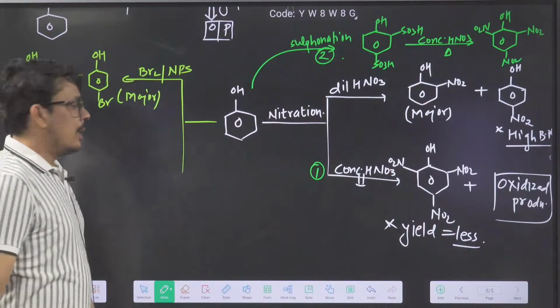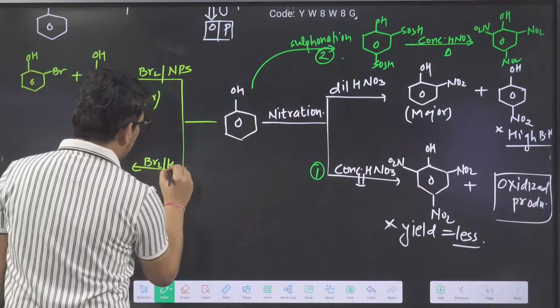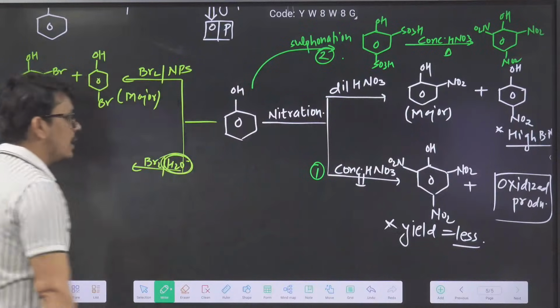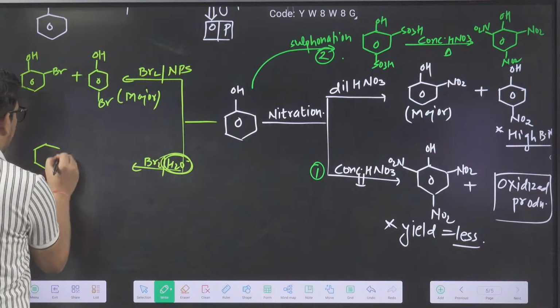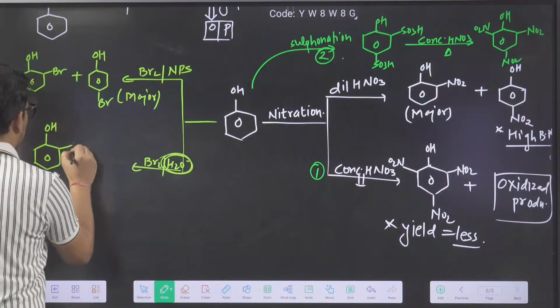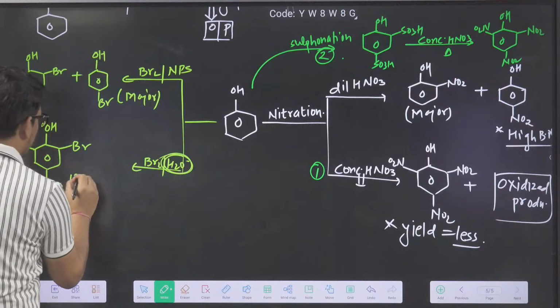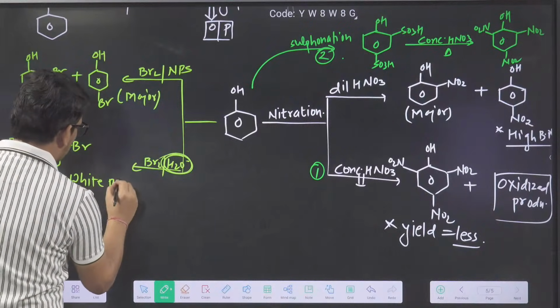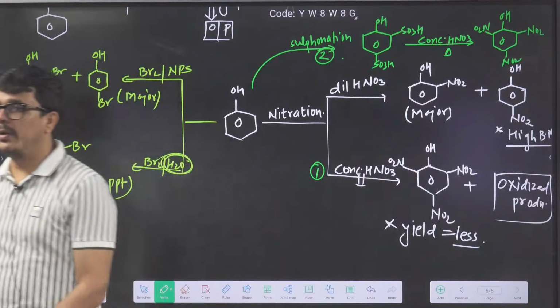Para. Now if I use bromine water, which type of solvent are we using? Polar protic solvent. This will give a large quantity of the electrophile, therefore here you will get this product, in which color? White precipitate. Clear to everyone, yes or no?